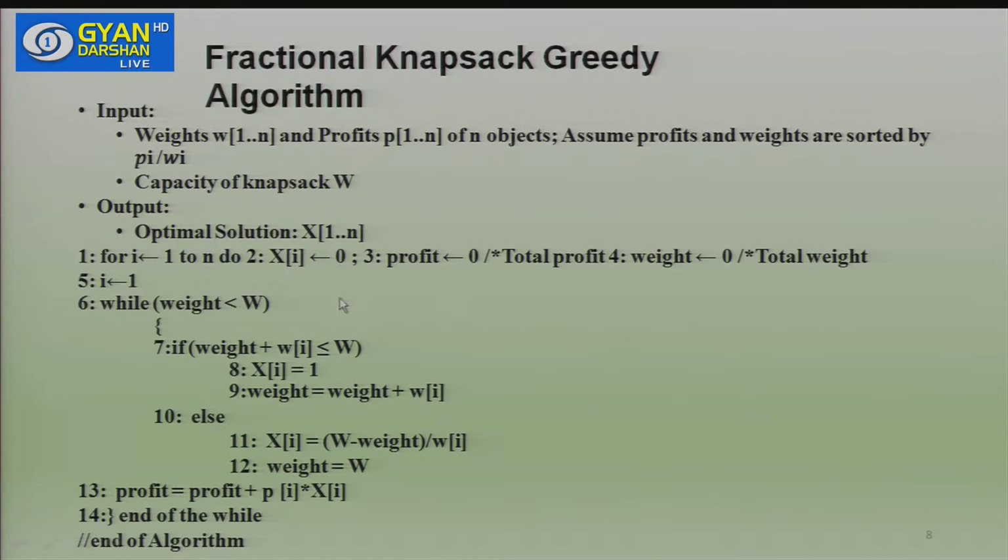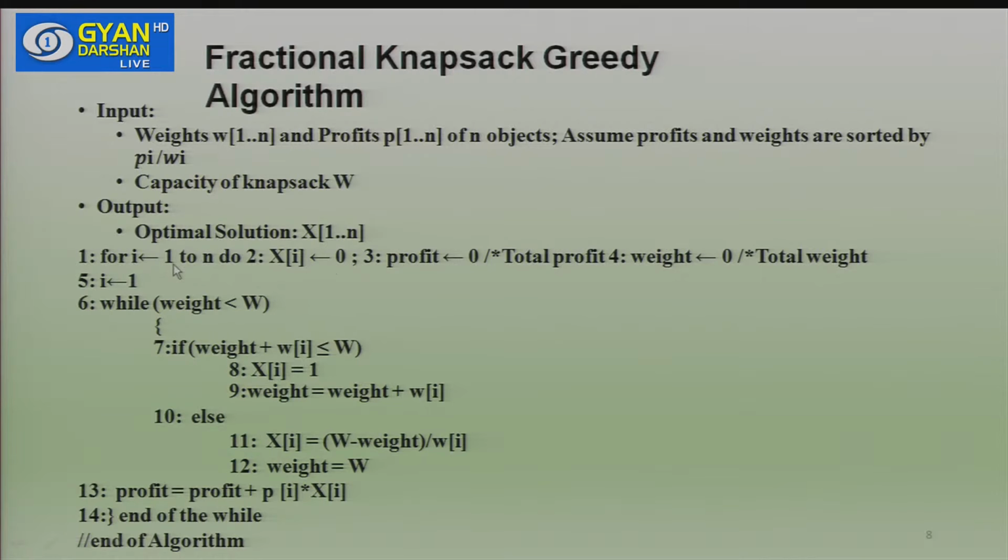And what output are we expecting? We are expecting an optimal solution which gives us fractions in terms of x, x1 to xn. These represent the fractions of different objects which are to be packed in the bag. Now we have four steps written in just one line because they are initializations.